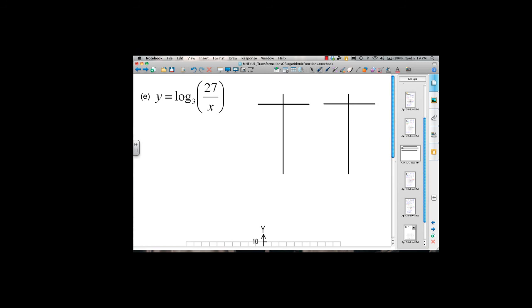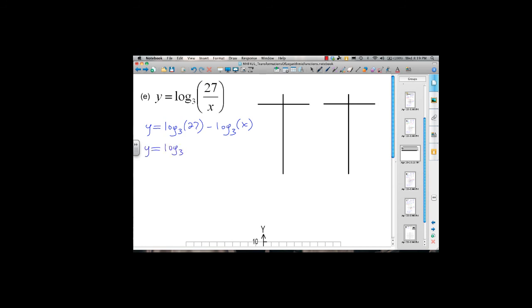So, like in the previous question, we're going to picture that I could use, again, the quotient law to simplify this. So this would become log base 3 of 27 minus log base 3 of x. Now, as it turns out, 27 is a power of 3.